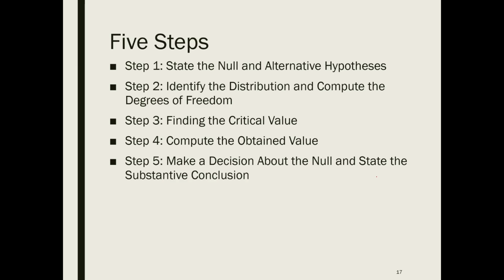Of course, it will be the t distribution; we are using the t-test. Get the degrees of freedom and use the information in step 2 to find the t critical value, then compute the t obtained value, and based on the critical value and obtained value, we make a decision about whether we reject the null or whether we accept the null.